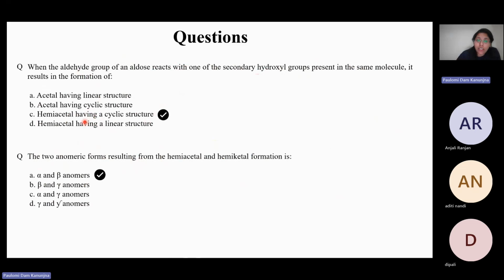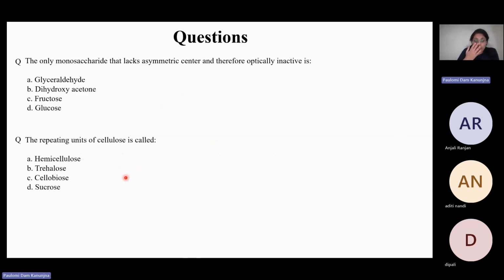The reaction that we saw is a hemiacetal with a cyclic structure. So that was C, not acetal, because that was the whole discussion, right? Hemiacetal. And the second one is when you have anomeric forms, they are alpha and beta anomers. Right? We also did this exercise today. So yeah. Okay. Next, I think this is the last.